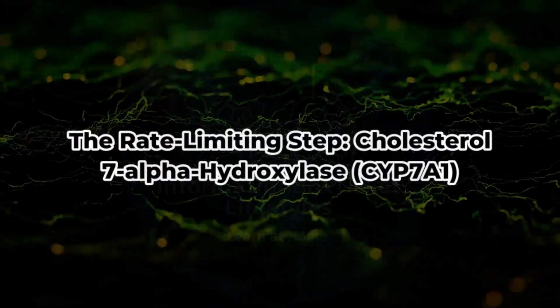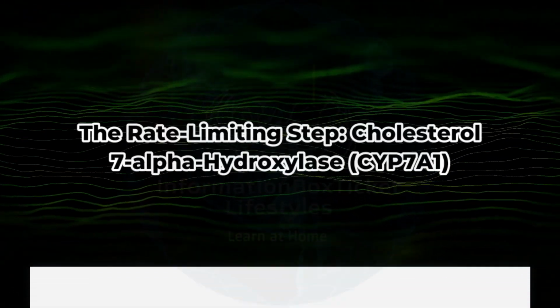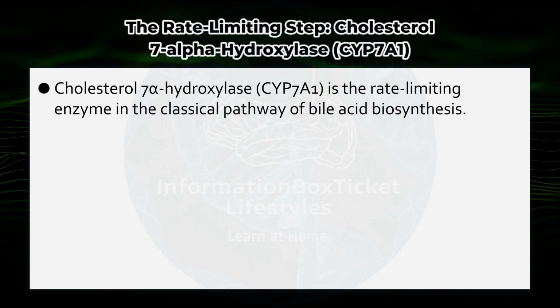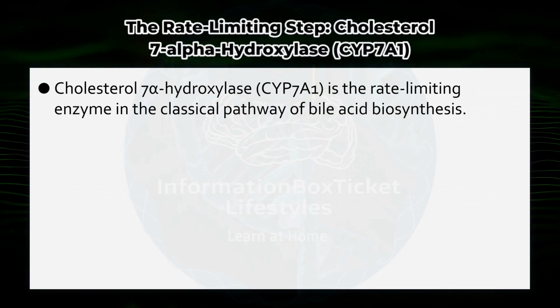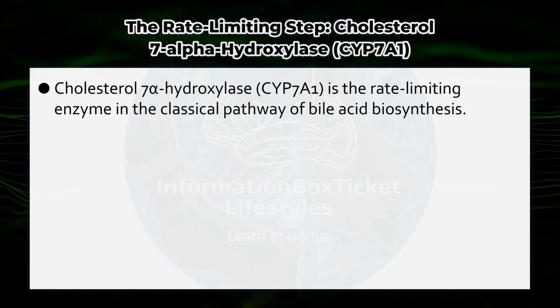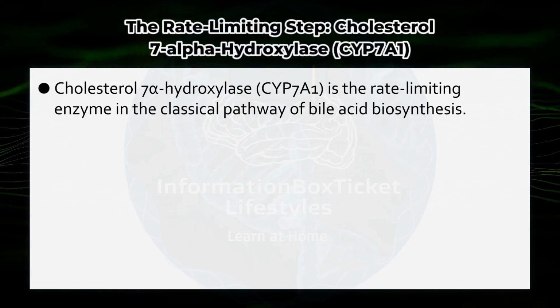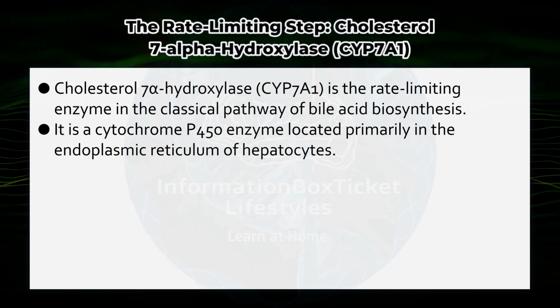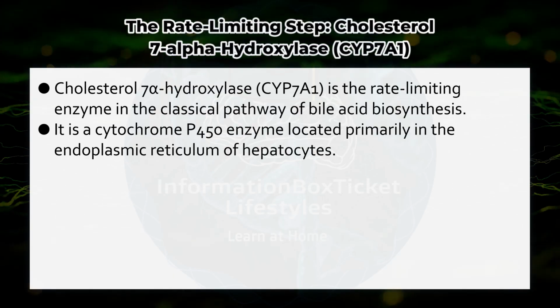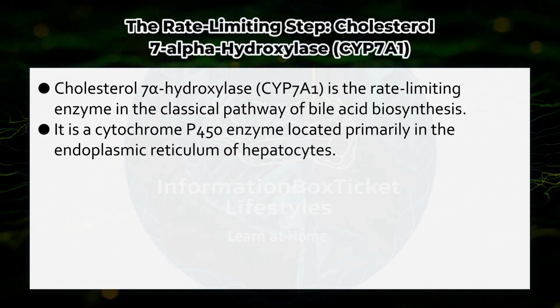The rate-limiting step, cholesterol 7-alpha hydroxylase. Cholesterol 7-alpha hydroxylase, CYP7A1, is the rate-limiting enzyme in the classical pathway of bile acid biosynthesis. It is a cytochrome P450 enzyme located primarily in the endoplasmic reticulum of hepatocytes.